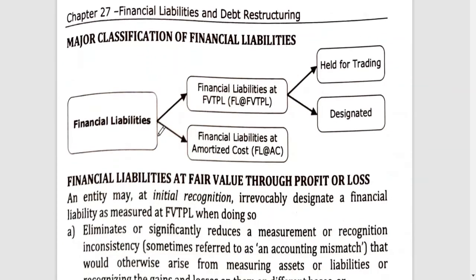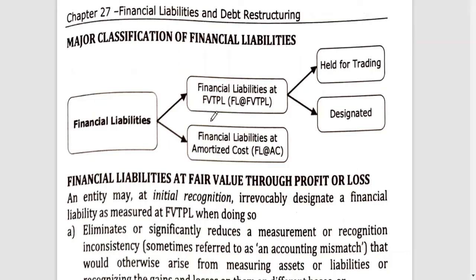Now let's go to the major classifications of financial liabilities. So the financial liabilities are classified into two. So we have the financial liabilities at FVTPL, or at fair value through profit or loss, and we have financial liabilities at amortized cost.